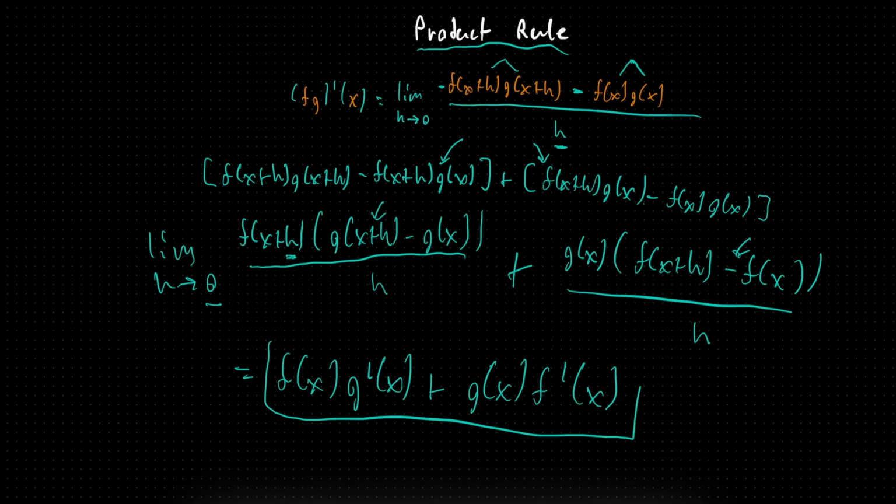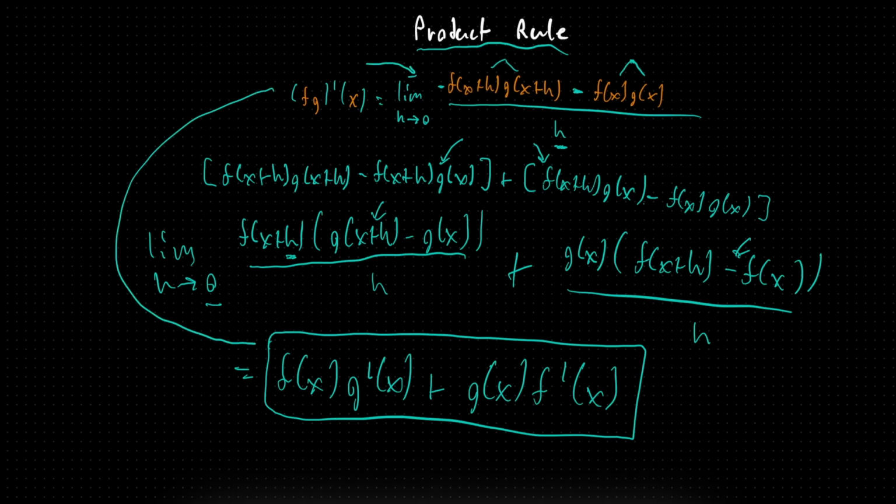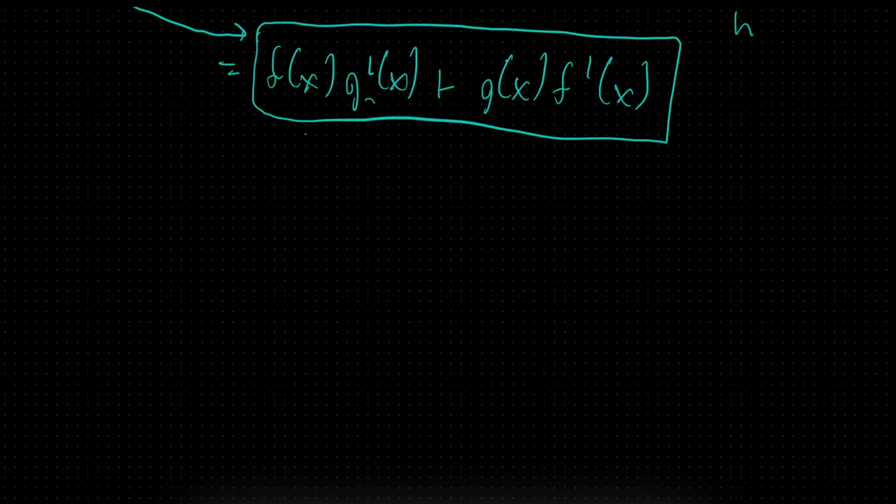There you go. That's your answer. That's the formula that you have to memorize. All right, so we went from this monstrosity all the way to this relatively simple formula for the product rule.